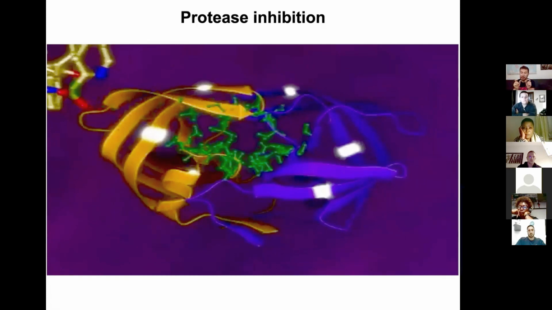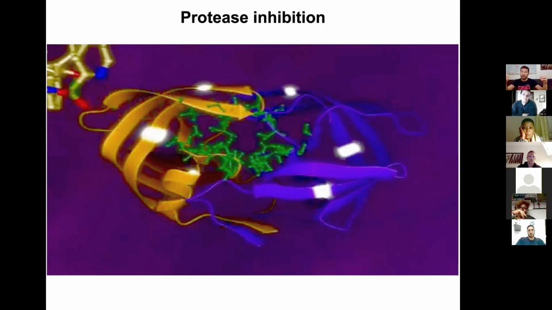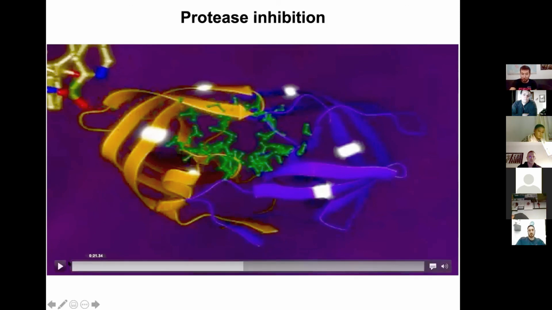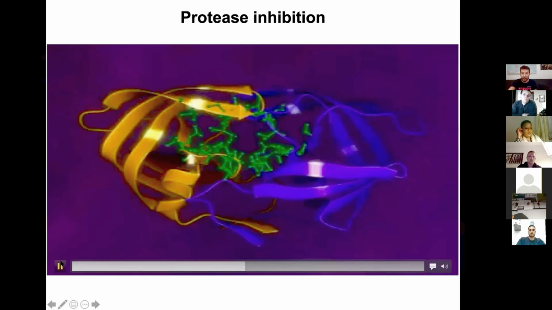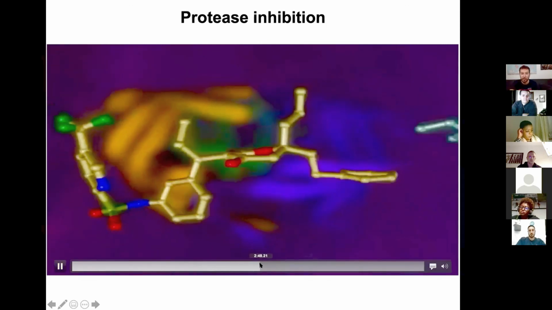This is a site where, for example, the cutting process happens. So if I put my key exactly in this position and block this position, this protease cannot work.